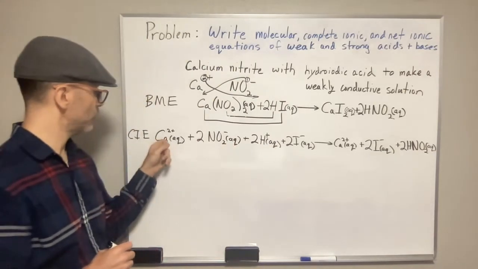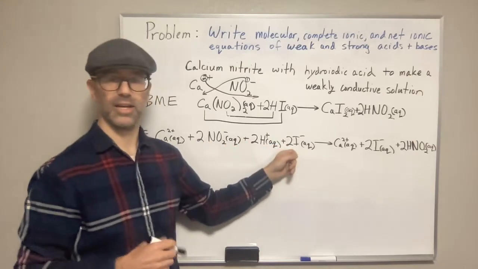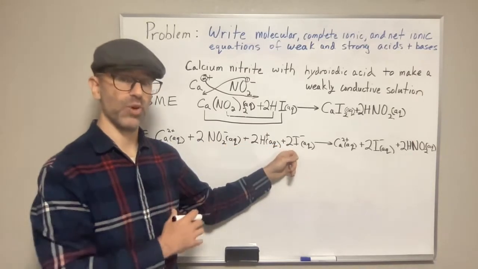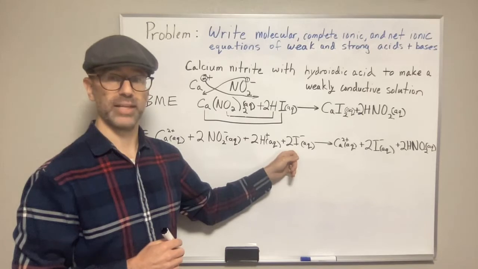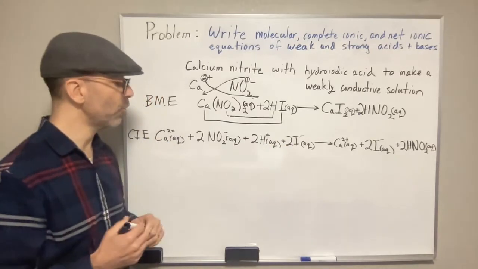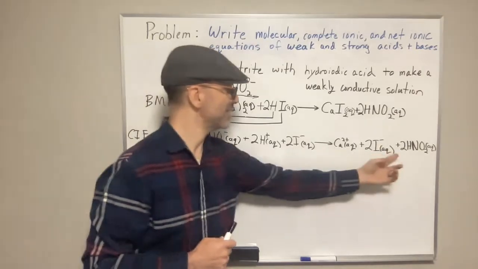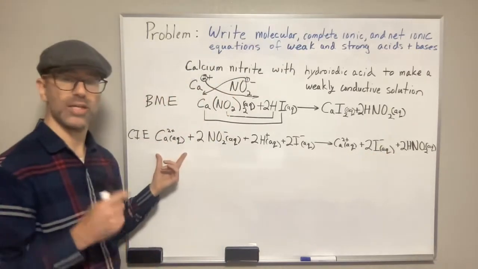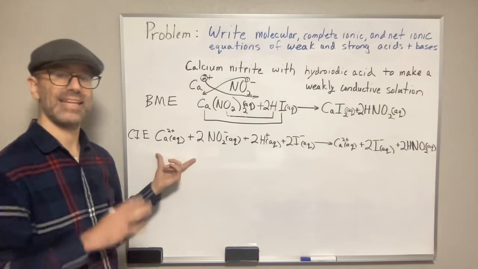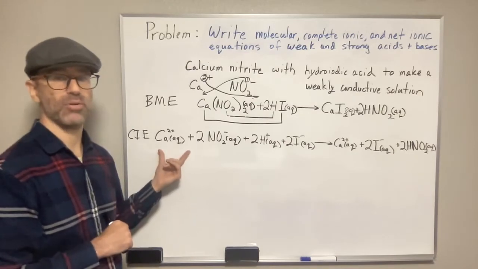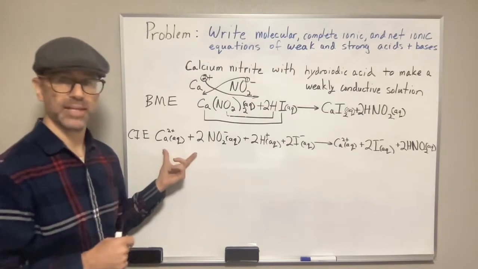So everything else, the calcium and the iodide, is not participating, so we could get rid of those as spectator ions. The other way you could do this is look at what is the same on both sides, what doesn't change, and anything that stays exactly the same on both sides is a spectator ion.